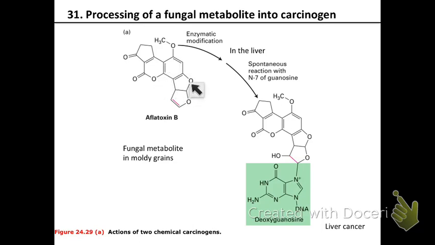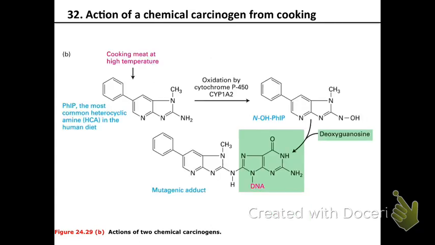When that goes into the liver, liver cells contain some specific proteins that are important for normal liver function, but they also can take this compound and change it into another compound that is very mutagenic and can attach it to guanosine again. Again, this is a large adduct that would normally be repaired by base excision repair, but if there is a problem in the repair process, then it could cause mutations. And that is associated with liver cancer.